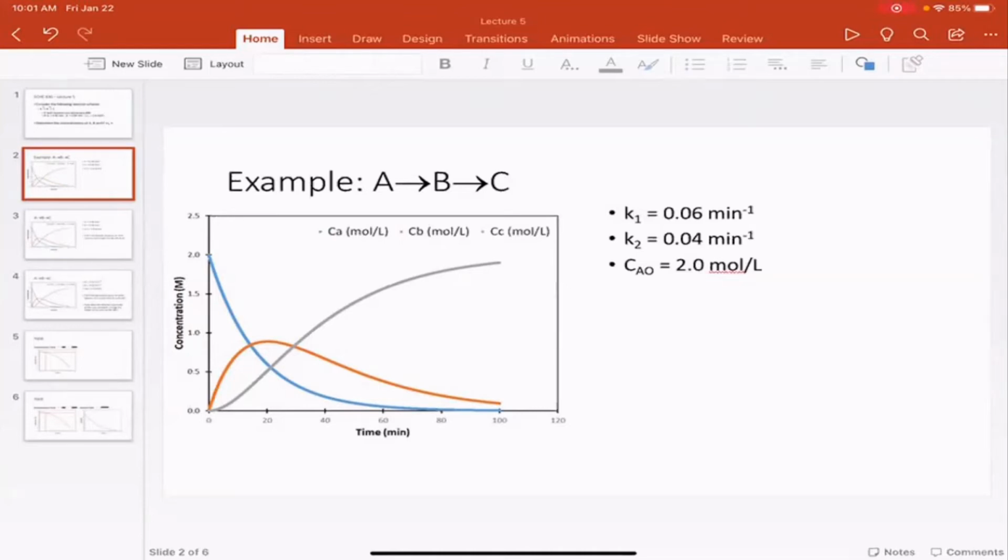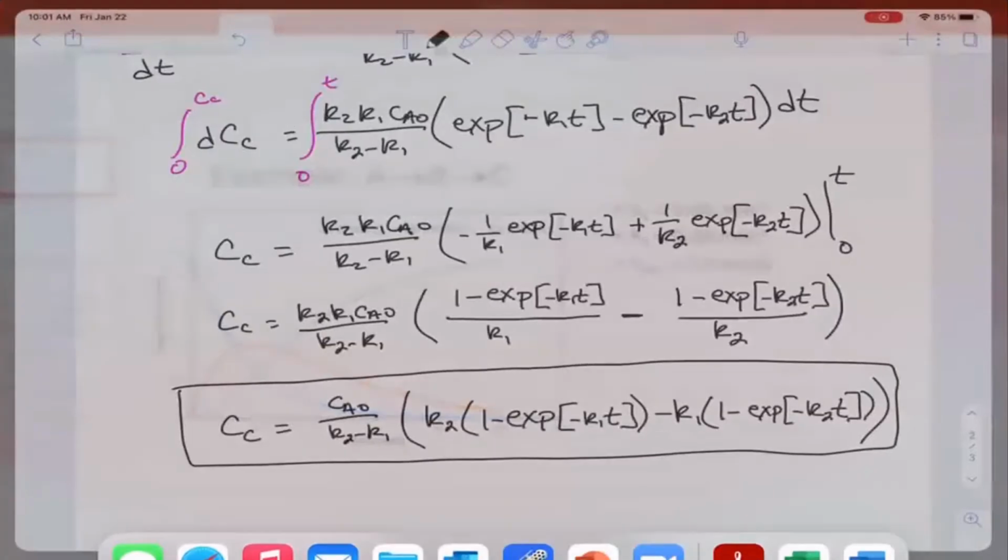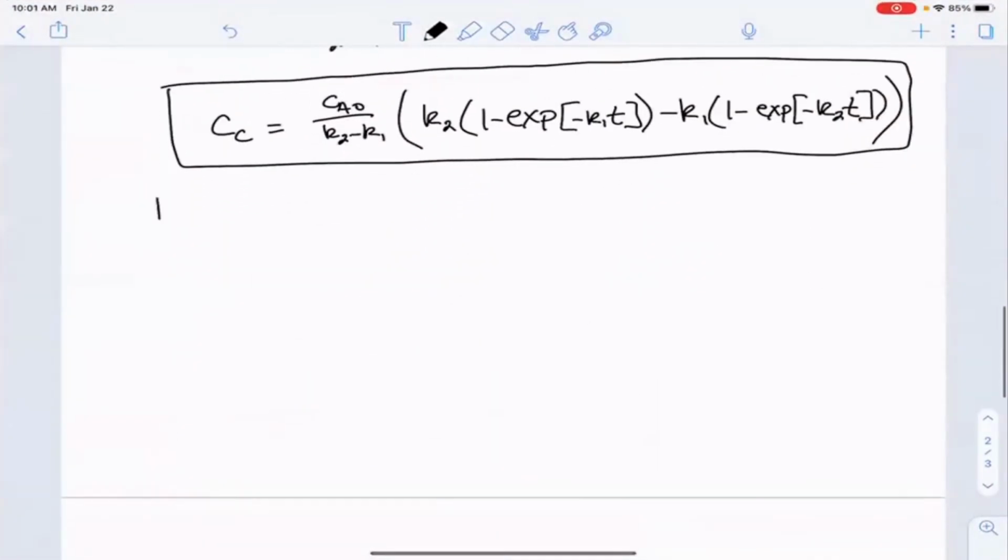And if we wanted to, we could figure out at what time we reach this optimal amount of B. Or if I were to think about this in a mathematical way, we could figure out where dCB/dt is equal to 0.